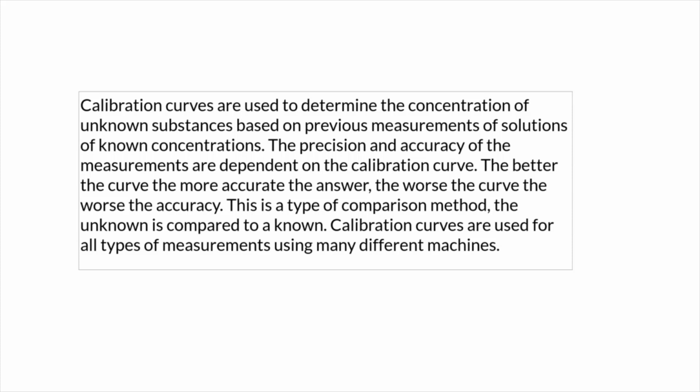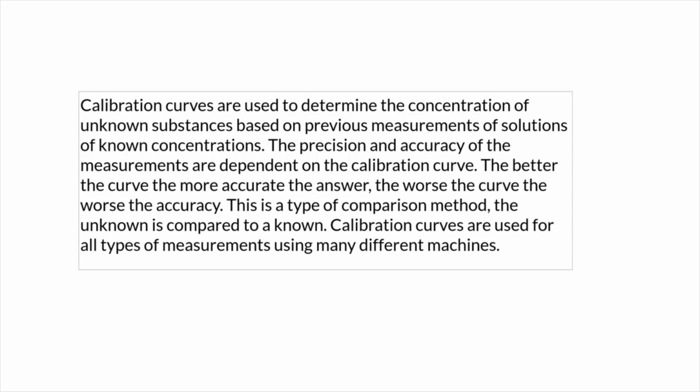Basically the idea is to make a calibration curve. And usually we talk about it with solutions with varying concentrations. When I have a solution with a particular concentration and I vary that concentration, there are measurable values that will change based on changing the concentration.